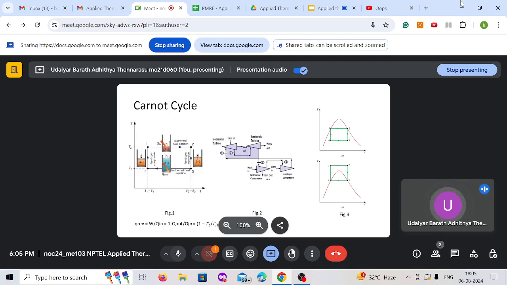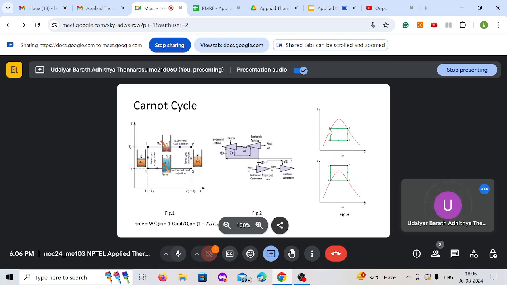There you are converting the isothermal process into an isobaric process, because for a fluid the phase change occurs at constant temperature. So you can very well say that it is an isothermal process, but it occurs at constant pressure, so it is isobaric. You can achieve that by putting it in a two-phase dome. The top image on the right shows a Carnot cycle inside a two-phase region.